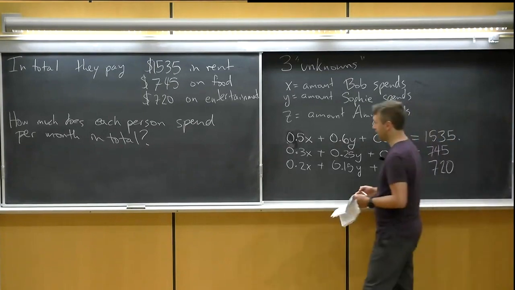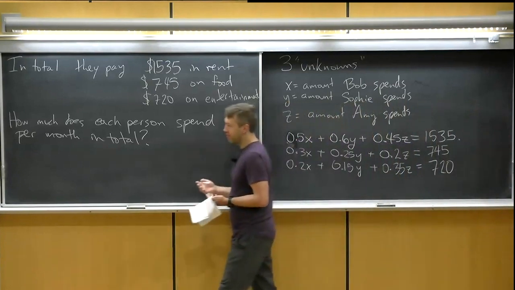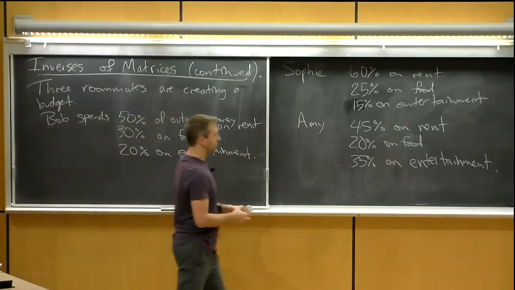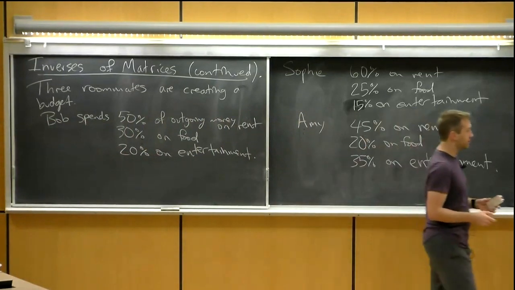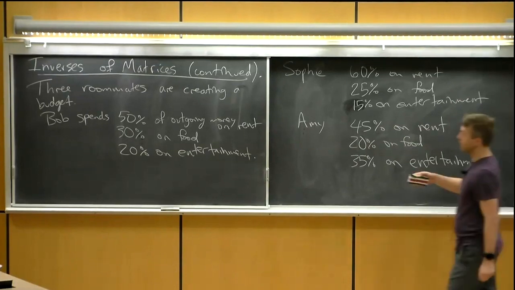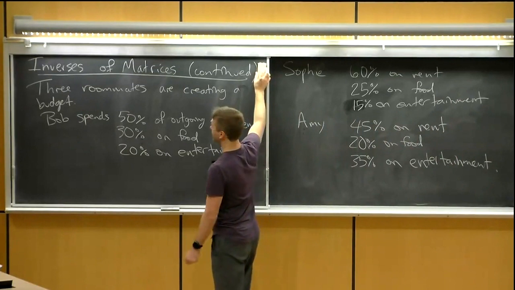And we'll see some benefits of that at the end of this example. So I want to think of this as a matrix equation, like A times X equals B, where A is a matrix, X is a matrix, and B is a matrix. And then I want to find the inverse of the matrix A.